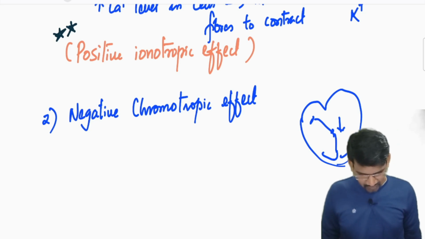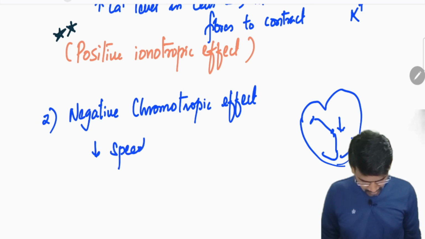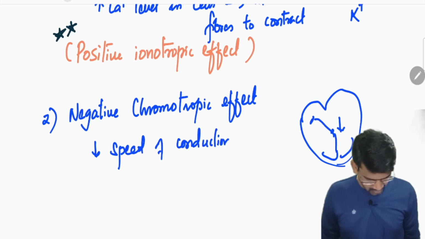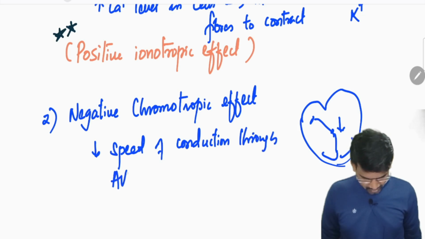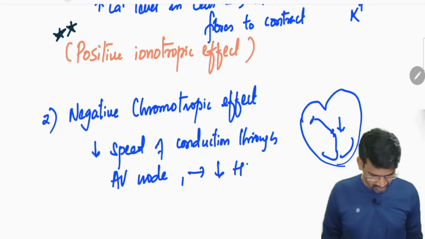It decreases the speed of conduction through the AV node and thereby decreases the heart rate.